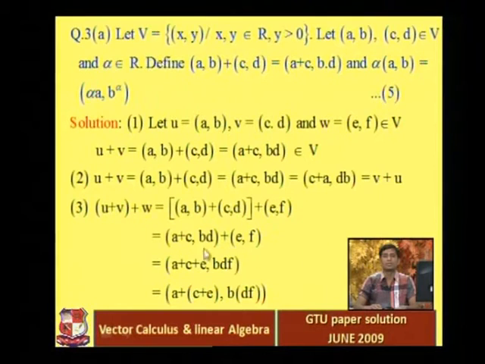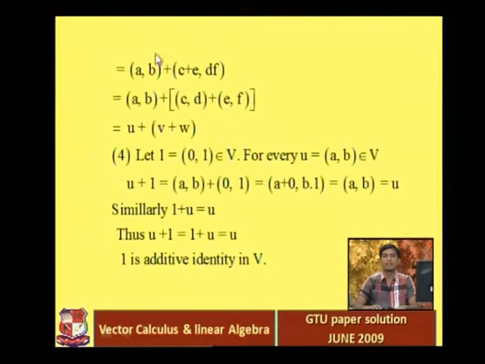Now again using the definition of addition, (a plus c plus e, bdf). Now a plus c plus e can be written as a plus (c plus e), and b into (df). That can be written as (a,b) plus (c plus e, df), and that can be written as (a,b) plus ((c,d) plus (e,f)). So easily we can prove that the associative property is satisfied for this set V.